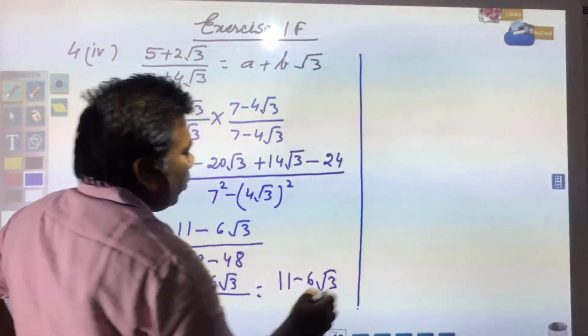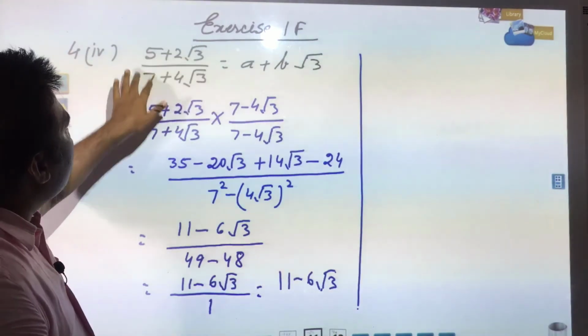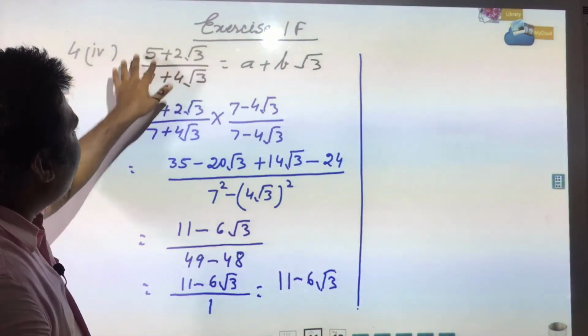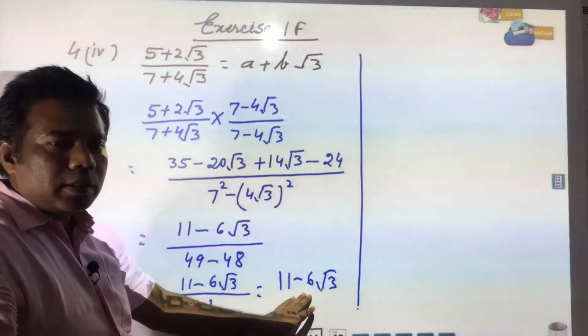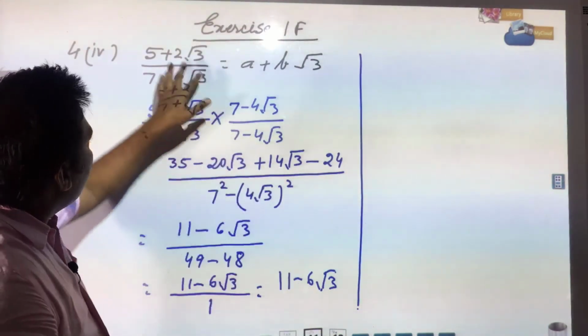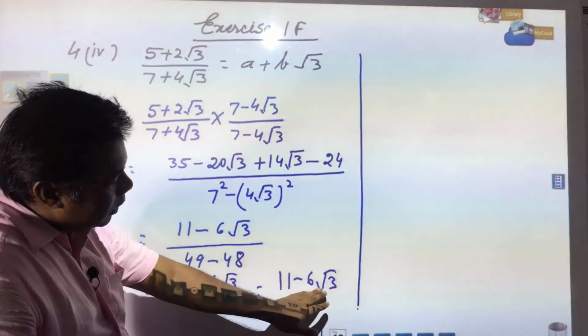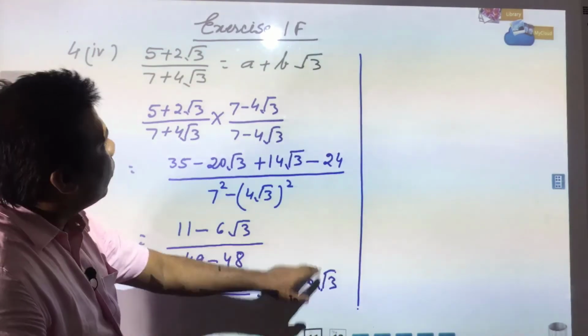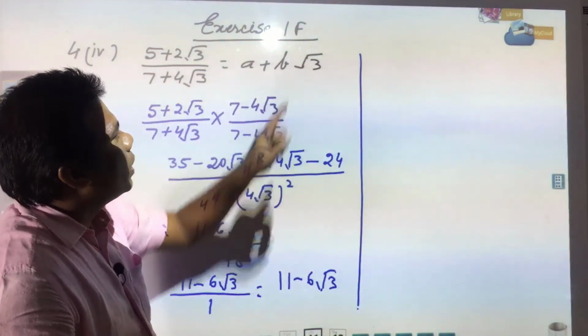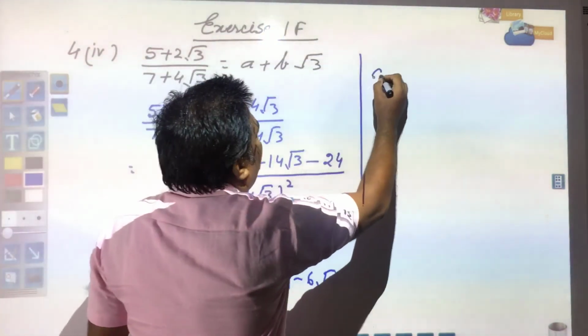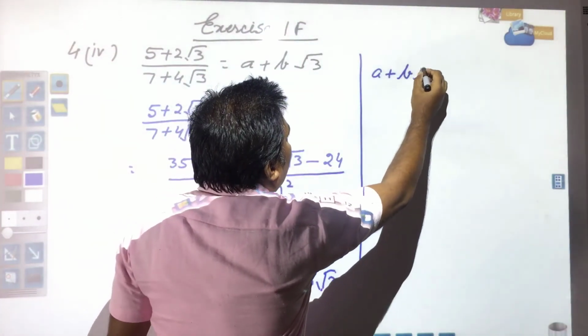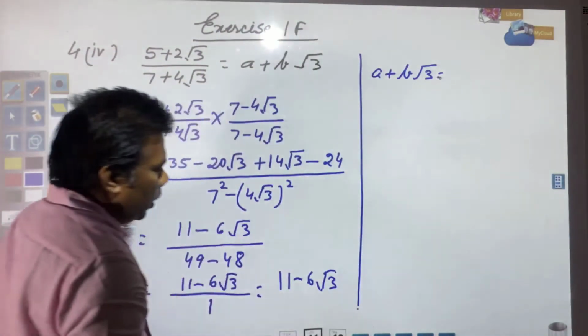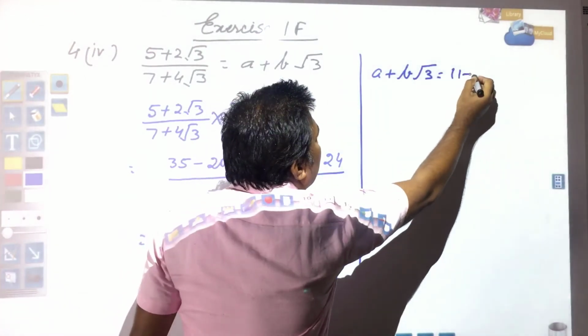Now, if this term you are rationalizing or simplifying, you are getting 11 minus 6 root 3. So, if this term is equal to 11 minus 6 root 3, this must be equal to a plus b root 3. So, a plus b root 3 will be equal to 11 minus 6 root 3.